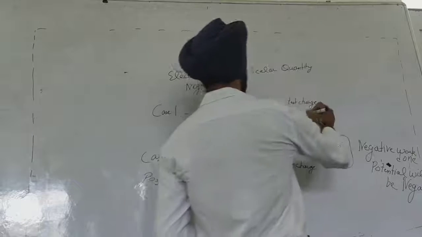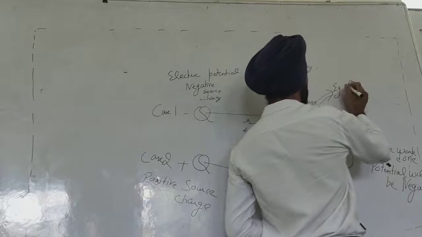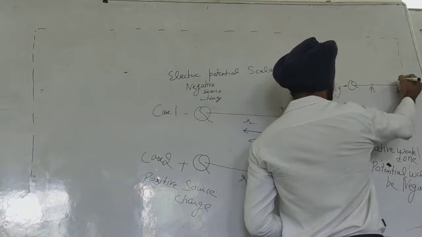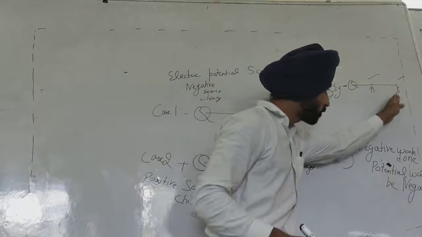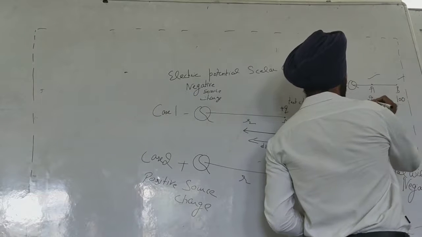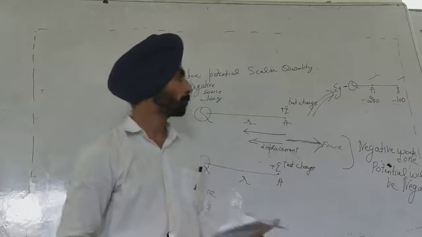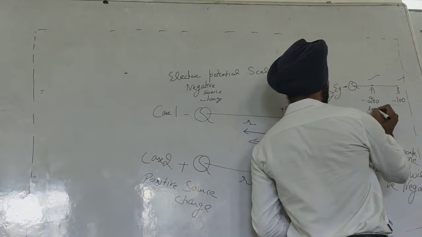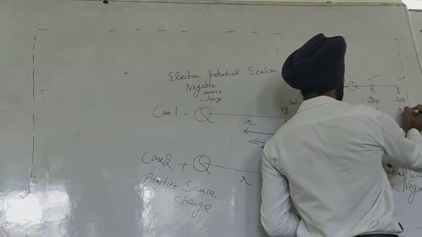Like this, I am taking an example. This is the test charge Q, here is minus Q. There are two points, B and A. Potential will be negative at B and also at A. Suppose I have a potential of 100 here and 200 here, so minus 100, minus 200. So this will be the low potential, and this will be the high potential.